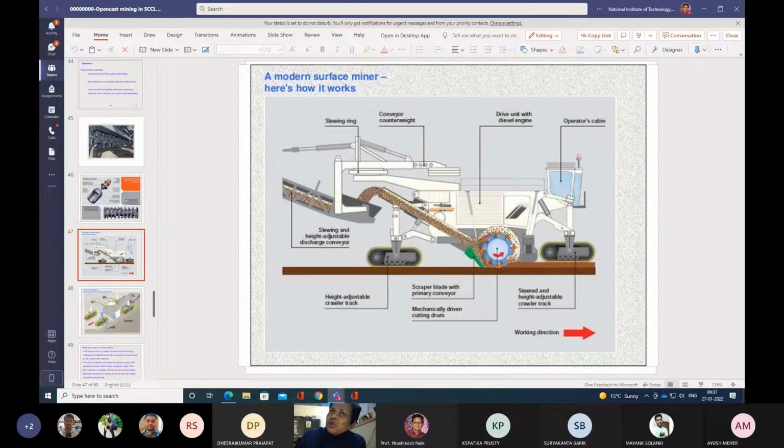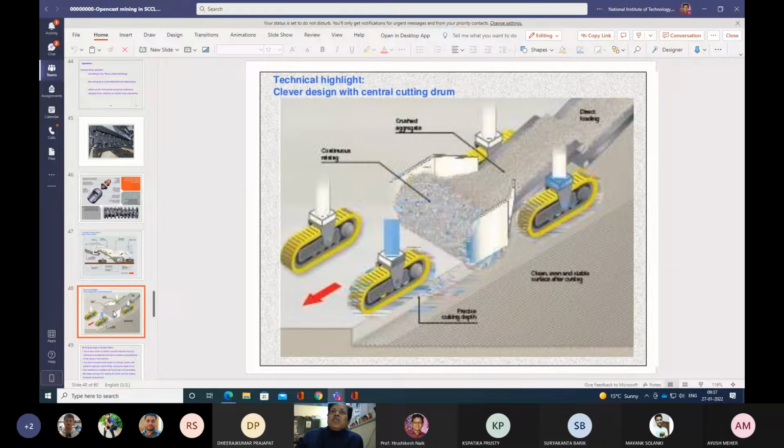After cutting, the coal flows in this direction, feeding to the belt conveyor, and from this belt conveyor it is transferred to another belt conveyor. So this is the way by which this modern surface miner works nowadays. Okay, you will see more detail next about this surface miner machine.